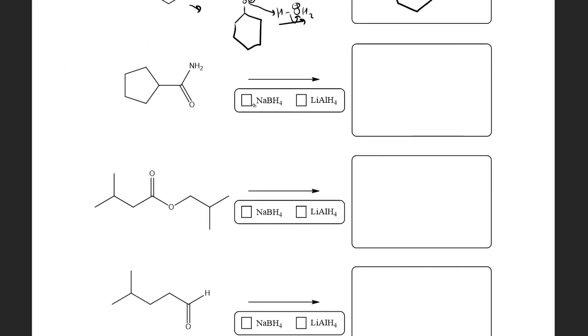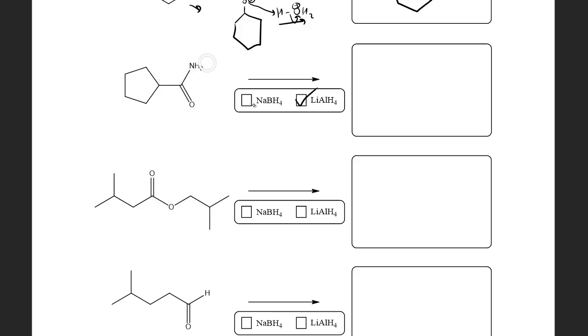For the next one, if we have our amide functional group, so our carbonyl carbon bonded to a nitrogen, we need to use a stronger reducing agent, LAH, and with this workup, we're actually going to use water instead of H3O+, and also this bond is not going to be broken. So we're going to fully reduce this carbonyl and make that a CH2, but this bond will not be broken.